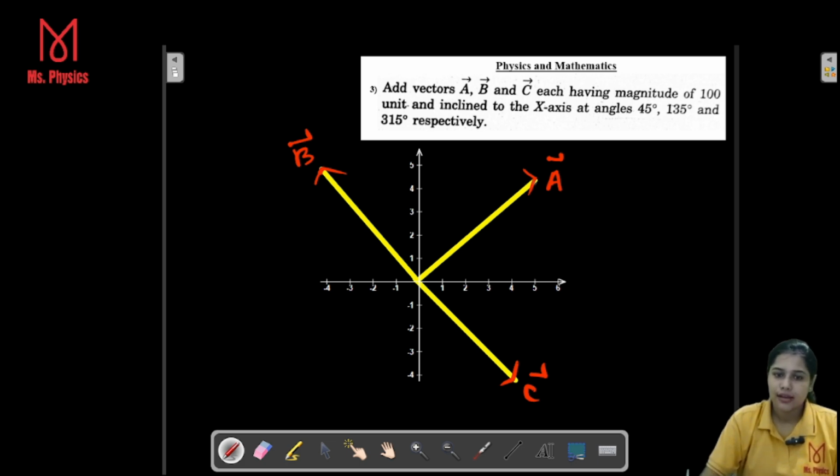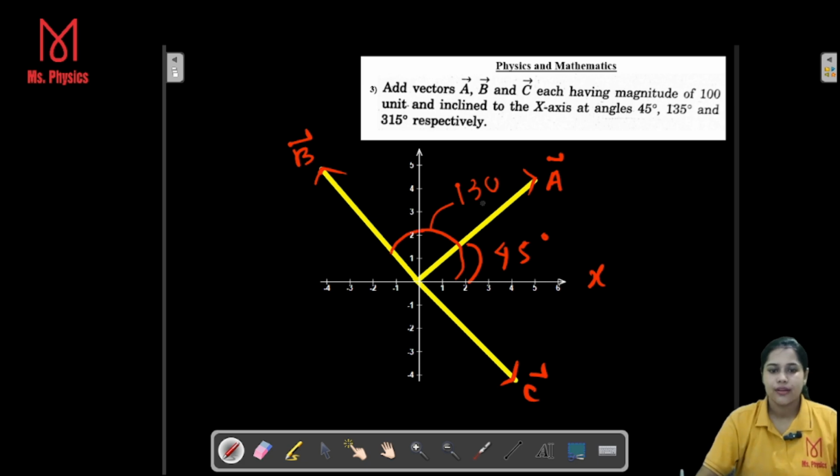Here is the vector A, which is having an angle 45 degree with the x-axis. Now the second one has 135 degree. So obviously this is 90 plus 45 degree, which gives you a total of 135 degree. And the last one has an angle of 315 degree.